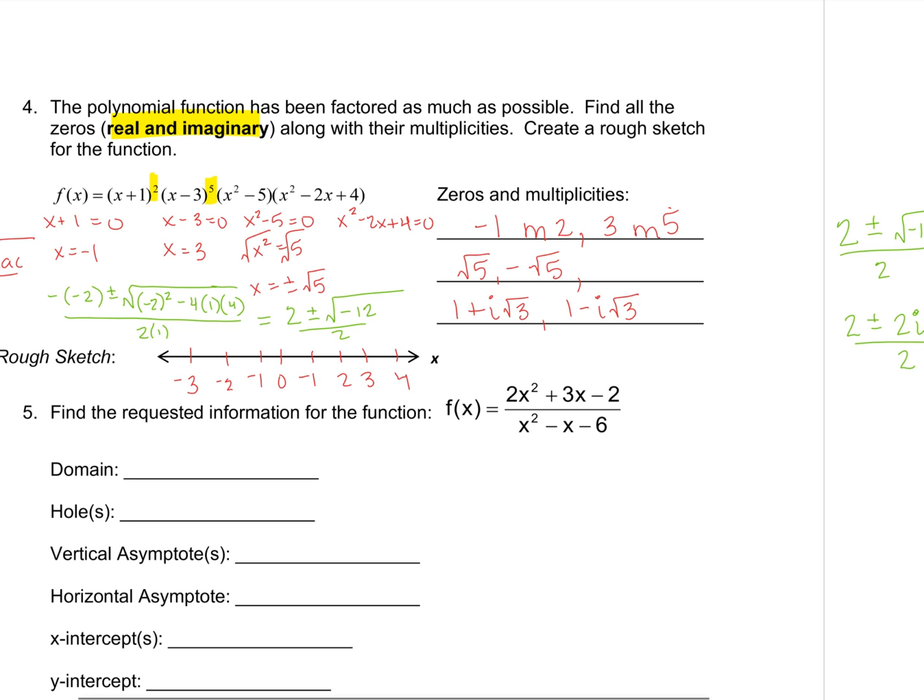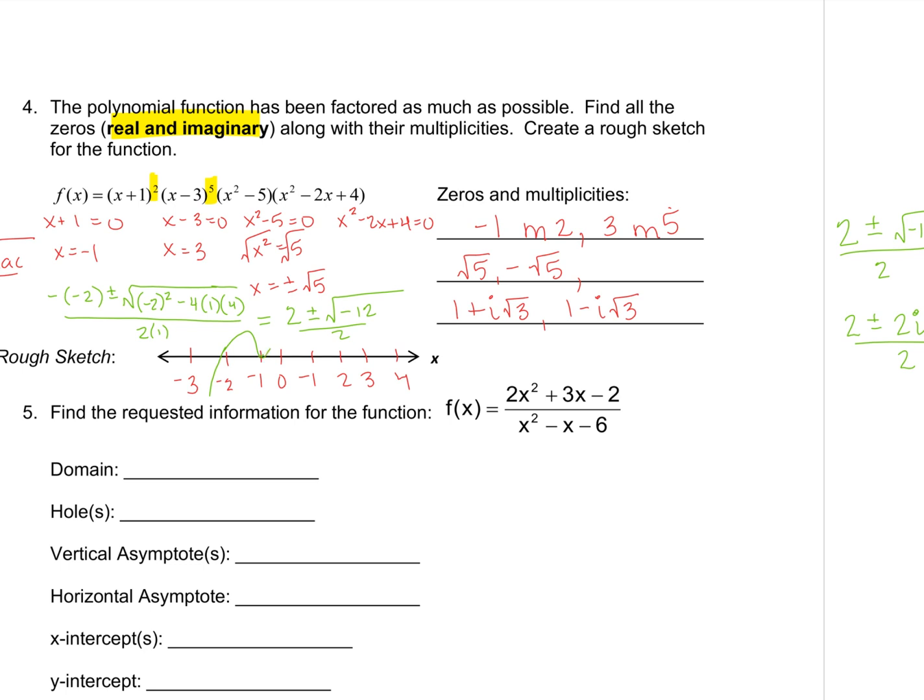If you don't know, plug it into your calculator, see what it looks like, and you're going to see that it's actually kind of a little bit past -2. So I am going to go up. I know I'm going to bounce off of the -1 because that's what the multiplicity of a 2 tells me I'm going to do.